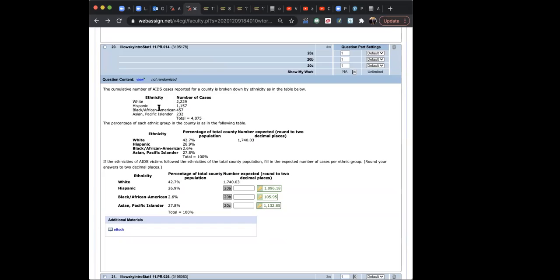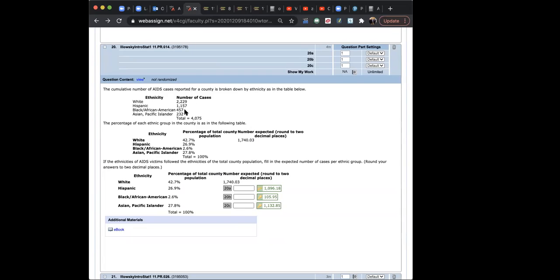And this problem says the cumulative number of AIDS cases reported for a county is broken down by ethnicity as in the table below. Here is a table listing ethnicity down the rows, and the second column is the number of cases.